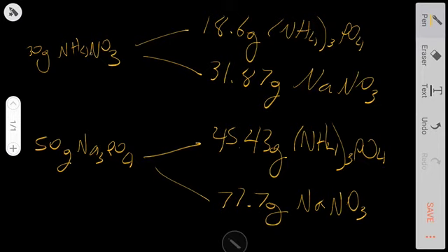That's what we discovered. And we've already decided that, hey, ammonium nitrate is the limiting reagent.